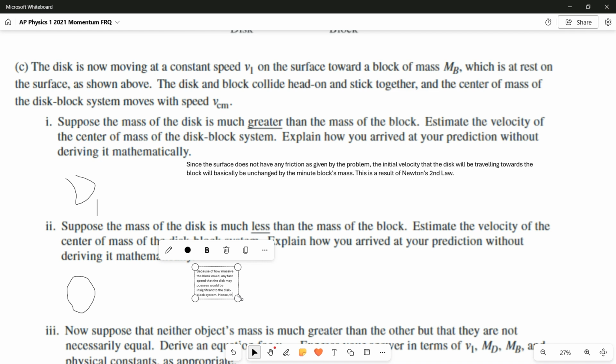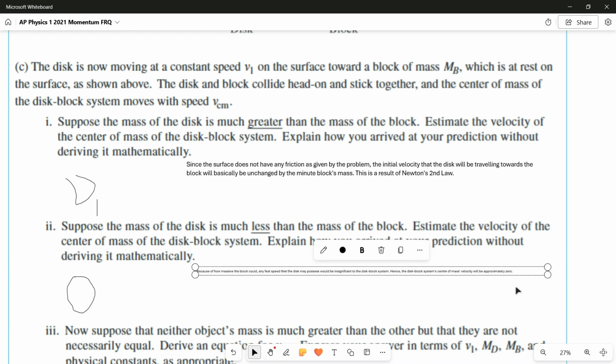Hence, the disk-block system's center of mass velocity will be approximately zero. All right, and that'd be our reasoning as to why that's the case.